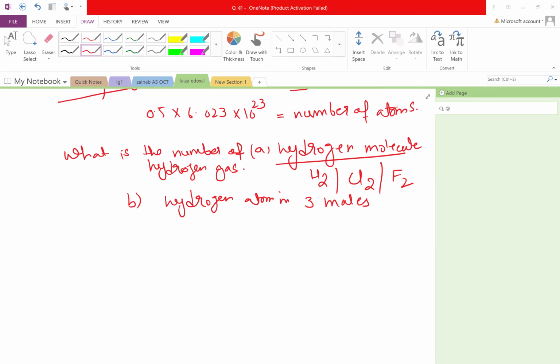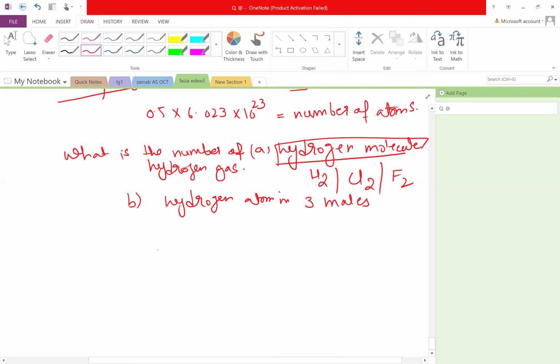You have to find the number of molecules. How to find it? You will be multiplying 1 into 3. So what you will be getting? You will multiply this by the number of atoms you have to find, the number of hydrogen gas.